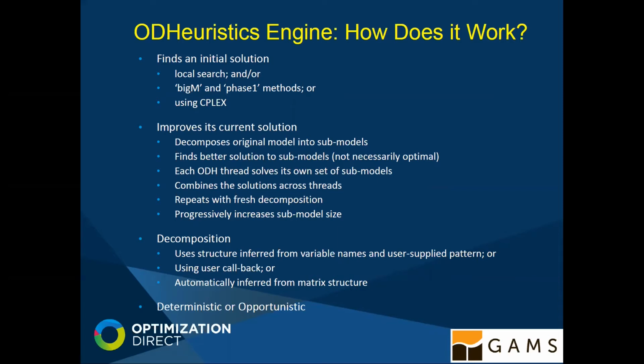So when one thread gets a good solution, it says, hey, I've got it, and passes it straight away to the other threads who use it immediately without bothering to synchronize. And that can, on some models, speed up the solution process considerably. We have one significant big user who almost always uses ODH CPLEX in this way.